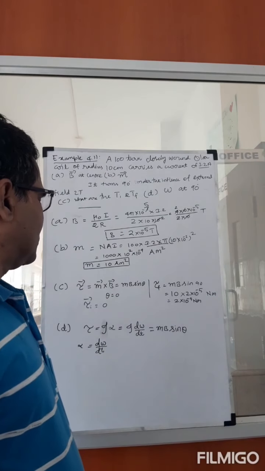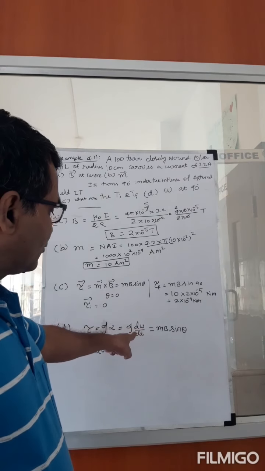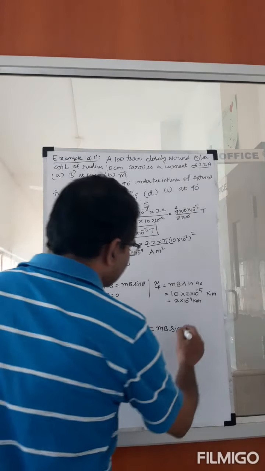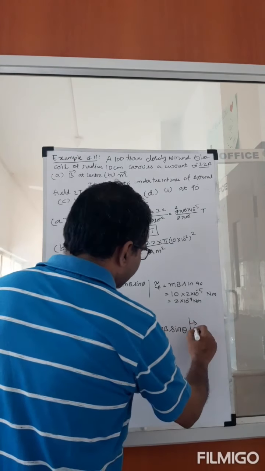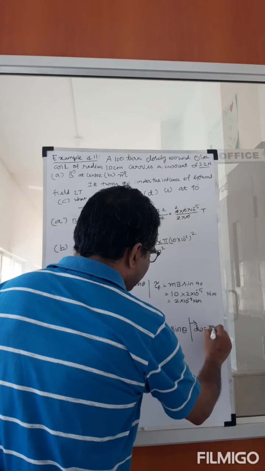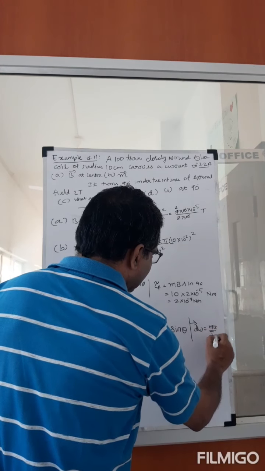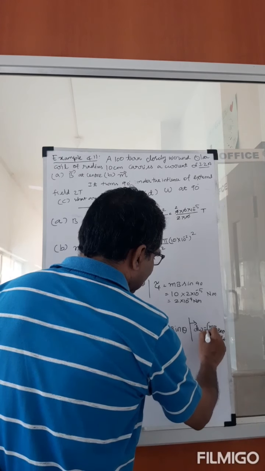So if I want omega, then d omega is equal to mB by I into sine theta dt, and then I can do the integral.